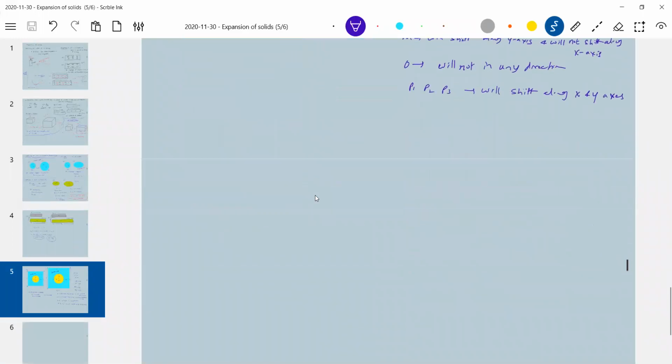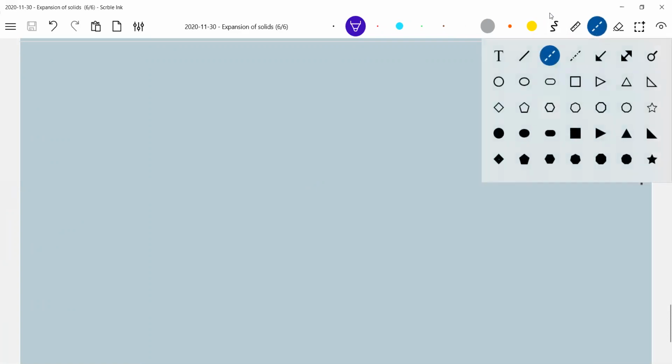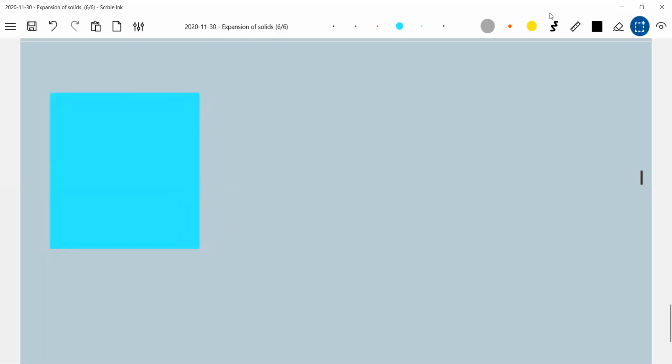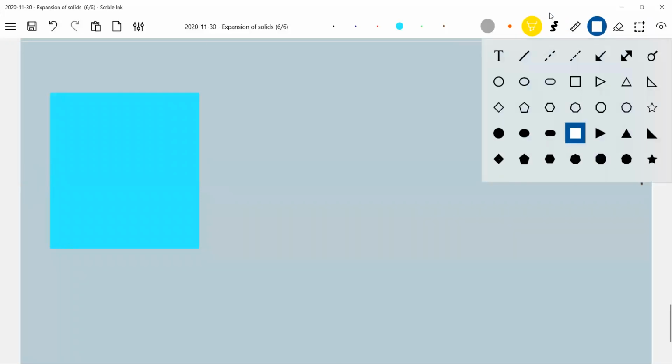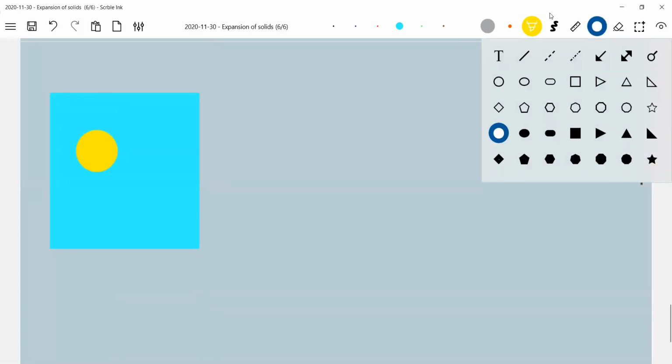Not only one hole, even with two holes we can discuss this particular problem. Let me go for one more. Definitely you can see very good logical questions they may frame here. Some other shape.